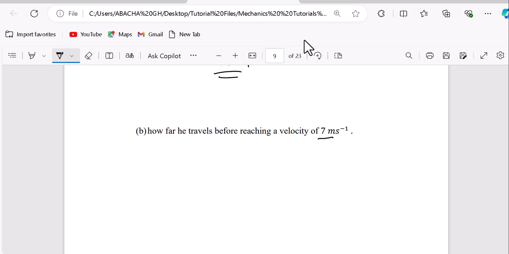Since a final velocity is given to us, you can use the other one, s equals v squared minus u squared all over 2a, because a final velocity is given and so it becomes simple.